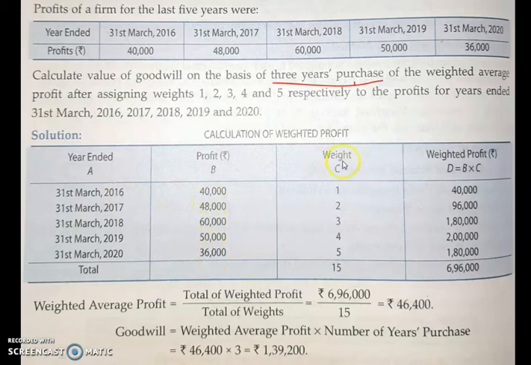And the third column is of weight, that will be denoted as C. Weight is also given to you, that is 2016, the first year, its weight is 1. So in that order you can write 2016 1, 2017 2, 2018 3, 2019 4, 2020 it is 5. As it is given in the question, that way you can write it down.